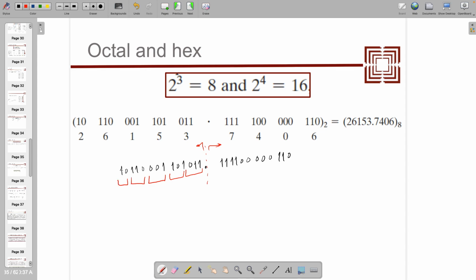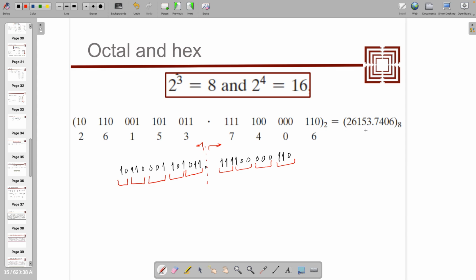Here nothing else is available, so you make it with only 2 numbers. Each group represents some number in that system. Note that it will never exceed 7, because you are only combining 3 bits, so 3 bits can give you at most 7, between 0 and 7.